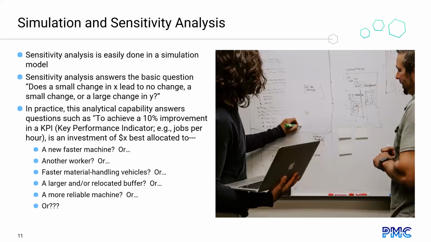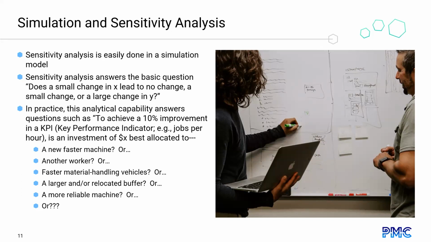And sensitivity analysis is very easily done on the computer. Very convenient, very quick. And as I mentioned, does a small change in some input variable, and frequently that is the arrival rate of your orders or customers, we often do simulation projects for businesses planning to expand, lead to a small change or a large change in Y, the output variable?